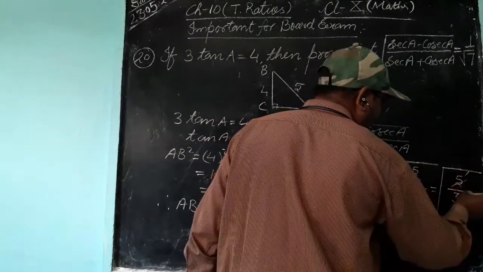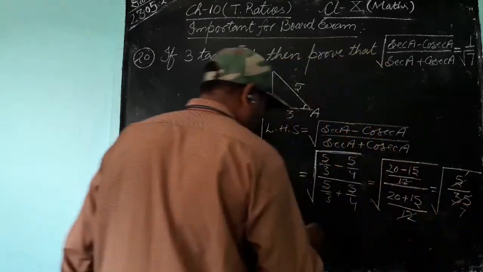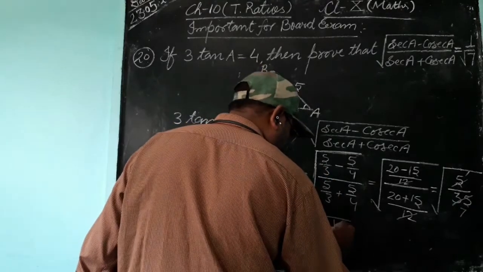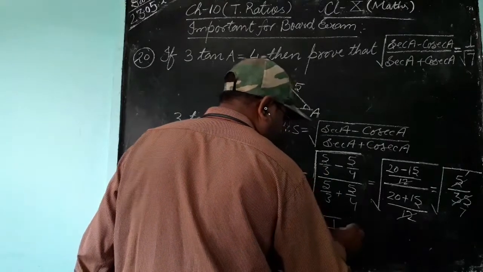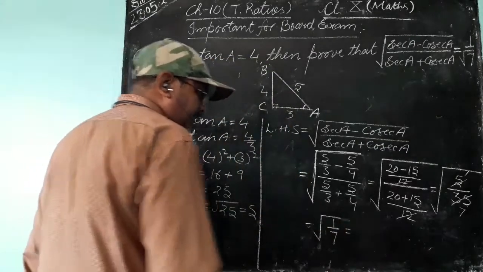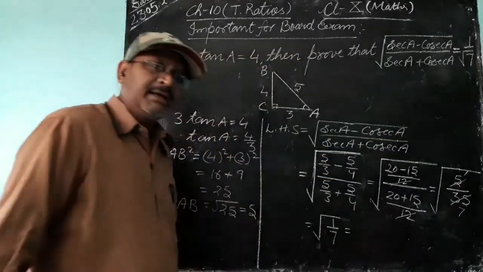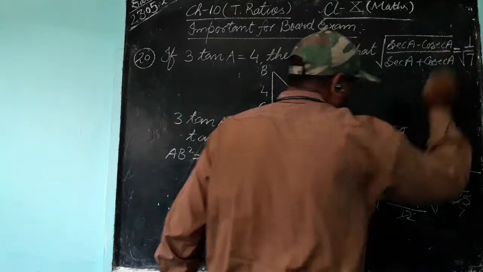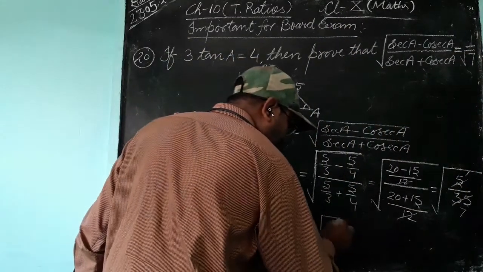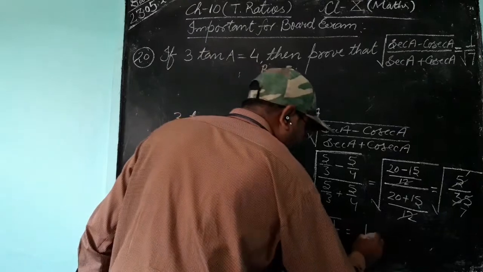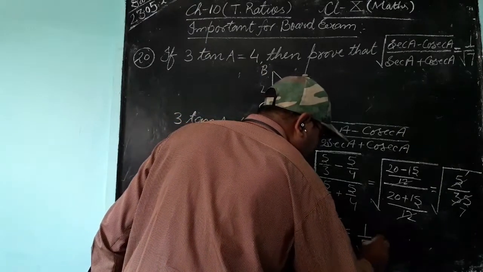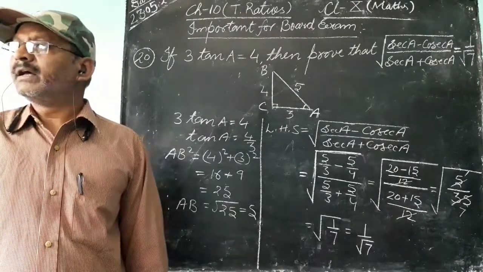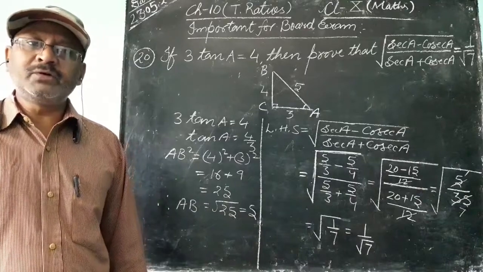Now 5 ones are 5, 5 sevens are 35. Finally, you get under root 1 upon 7. Clear? 1 square, and then you can write the square of 1, okay? Because my target is to find 1 upon under root 7. So after squaring it, 1 will always be free from the root. 1 is always free from the square root, free from the cube root, understood?